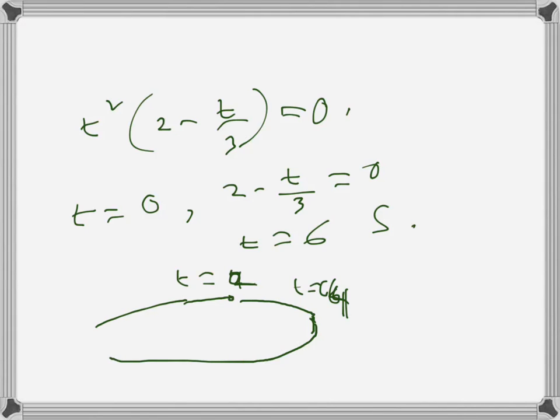So after 6 seconds it again reaches its original starting point. We were not looking at that. We were just looking at what is the distance traveled, which is this path traveled multiplied by 2. But we have just figured out how long it took for the particle to come back to its original position.